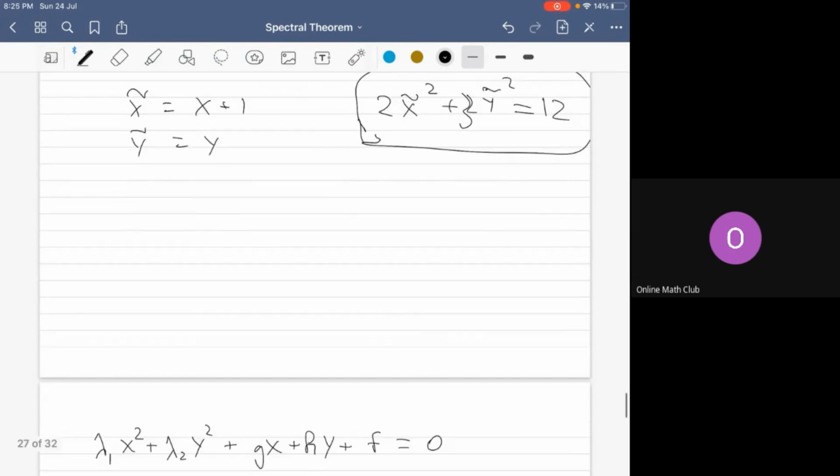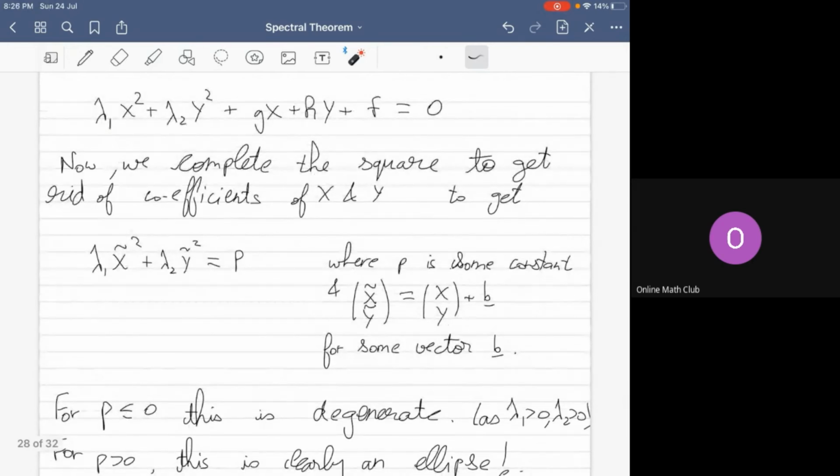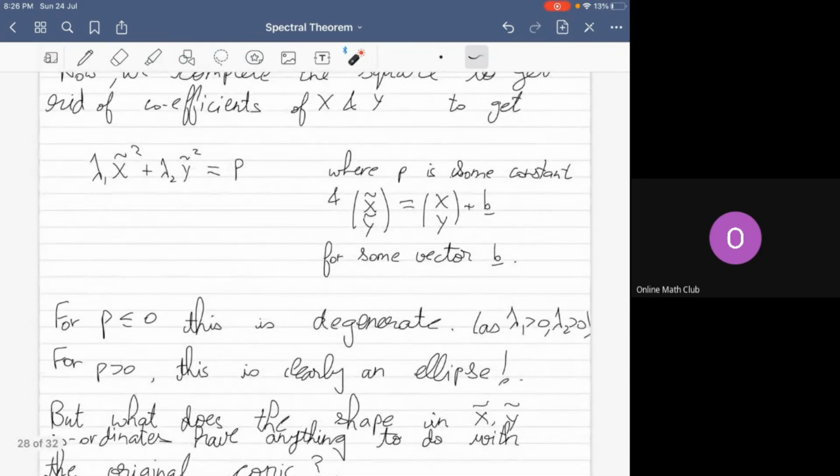So we do the same thing in general here, that since lambda 1 and lambda 2 are non-zero, we can complete the square to get some X tilde, Y tilde to be some X Y plus some constant vector b. Here by b I mean some alpha, beta, where alpha, beta are real numbers, so that our equation becomes this.